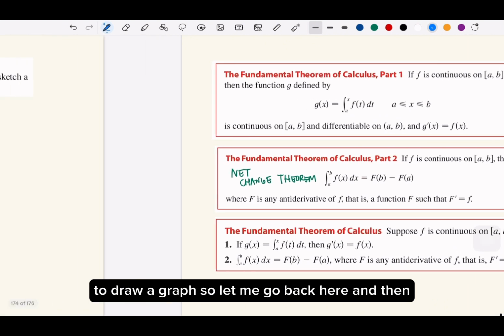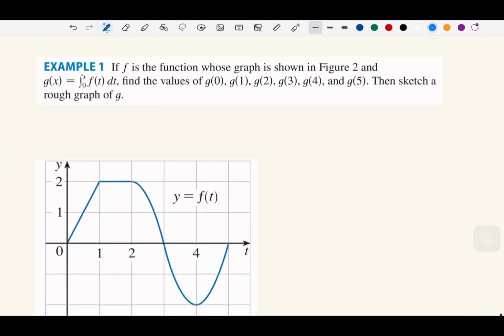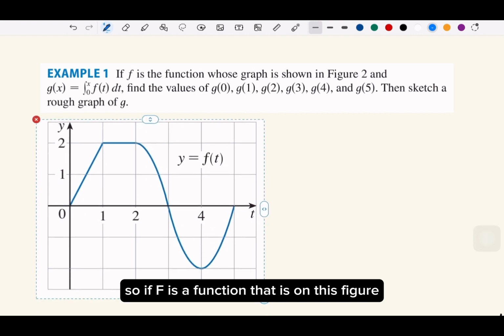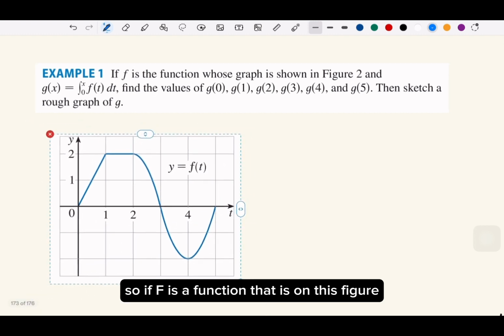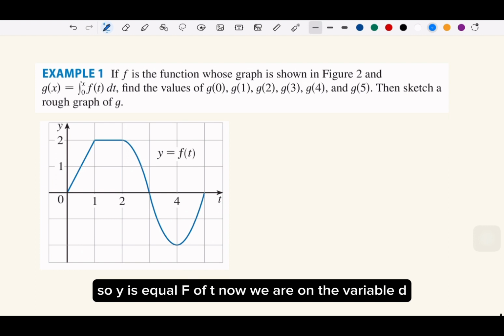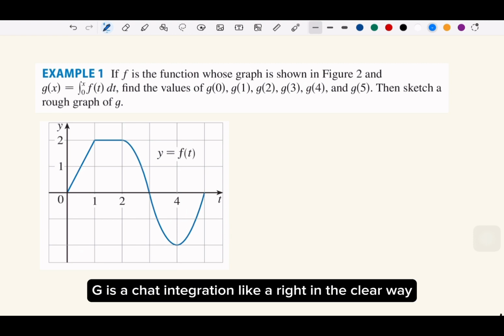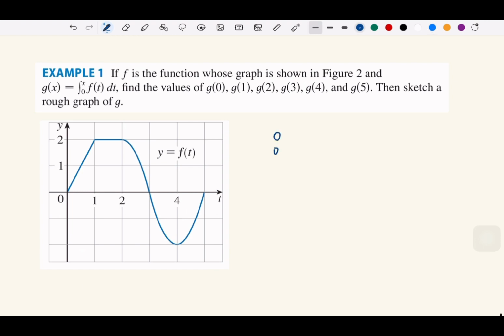So let me go back here. If f is a function on this figure, so y equals f of t, now we are on the variable t. And then we define g as that integration. Let me write it in a clear way.